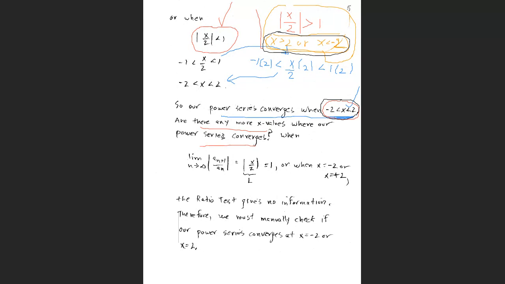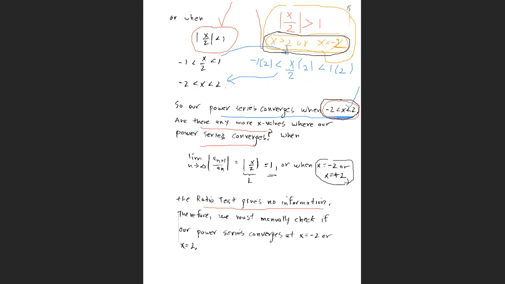What's left out is when x is -2 or x equals +2. Because for those values, the limit of our ratio will equal 1. And so the ratio test gives no information. Remember, the ratio test gives no information when the limit of your ratio equals 1.